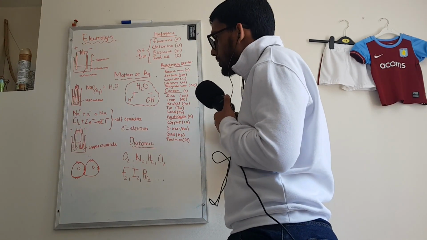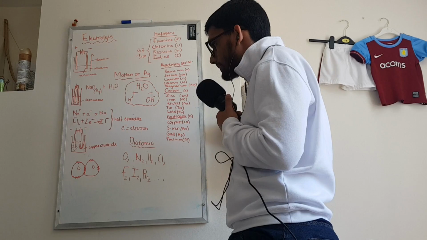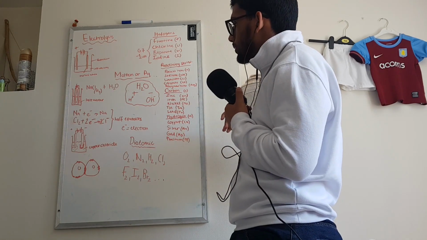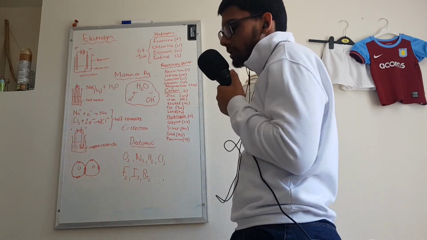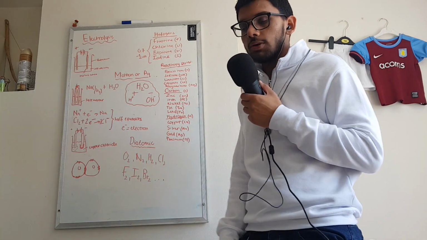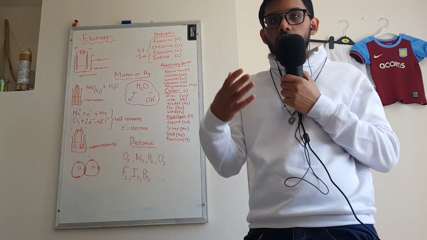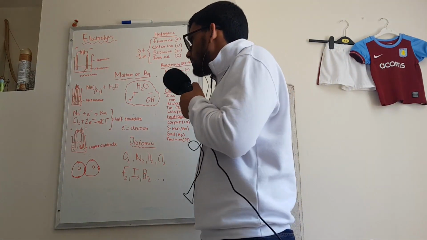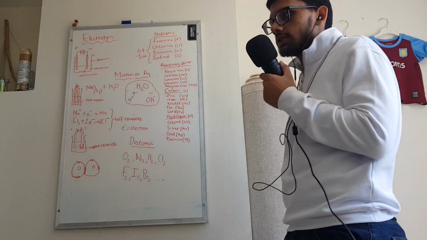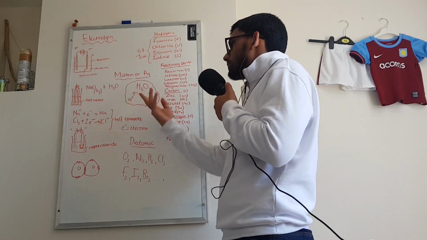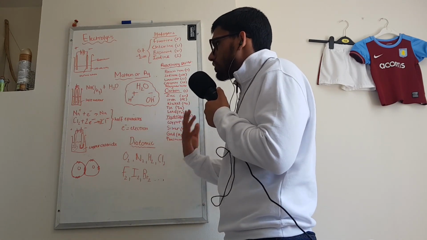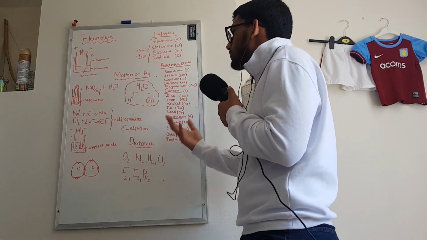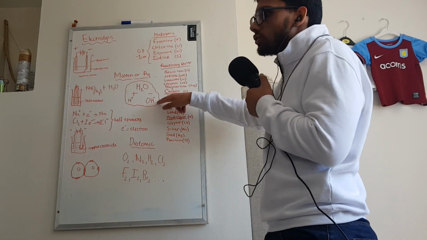Now, the other rule you have to remember is, what if we have a NaCl solution, what happens to the sodium? Well, the sodium is not just going to float about and settle to the bottom unless it's molten. If it's a molten solution, there's nothing for it to react with, so it will just go to the bottom. But we have an aqueous solution, and there are other things in the water, such as water itself. Water is H2O, and it breaks into its own ions. It breaks into an H positive ion, which is the hydrogen forming at these terminals, and it also breaks down into a hydroxide.